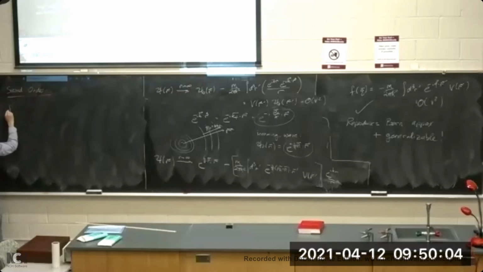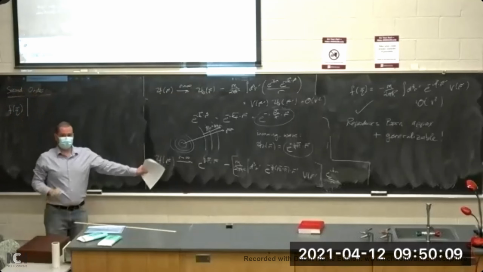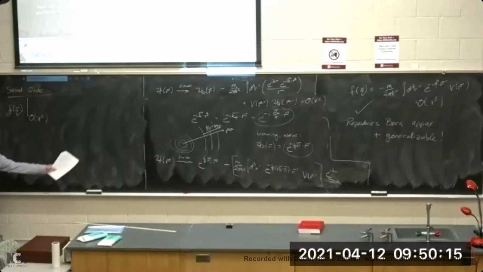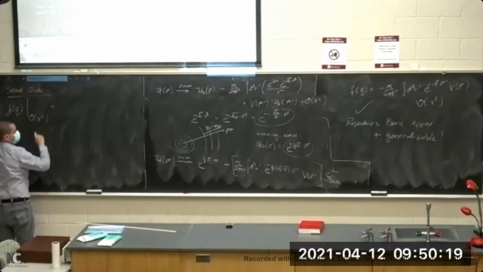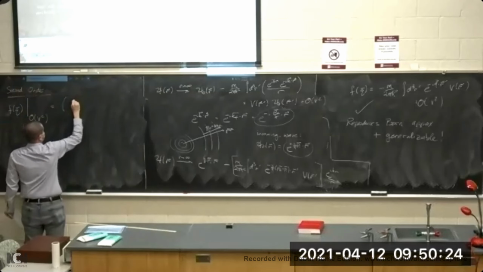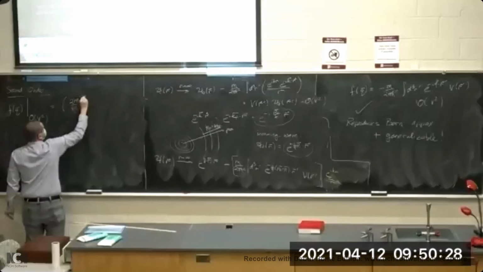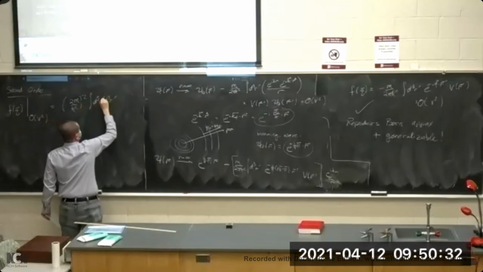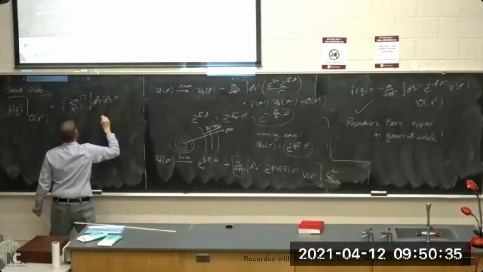Calculate the contribution to the scattering amplitude f of q, not including the first order. Let's only calculate the second order. So I'm going to write f of q evaluated at order v squared, because I just don't want to copy down the piece we already did here. The term that comes at second order from iterating this twice was 2m over h bar squared d3r prime, d3r double prime.